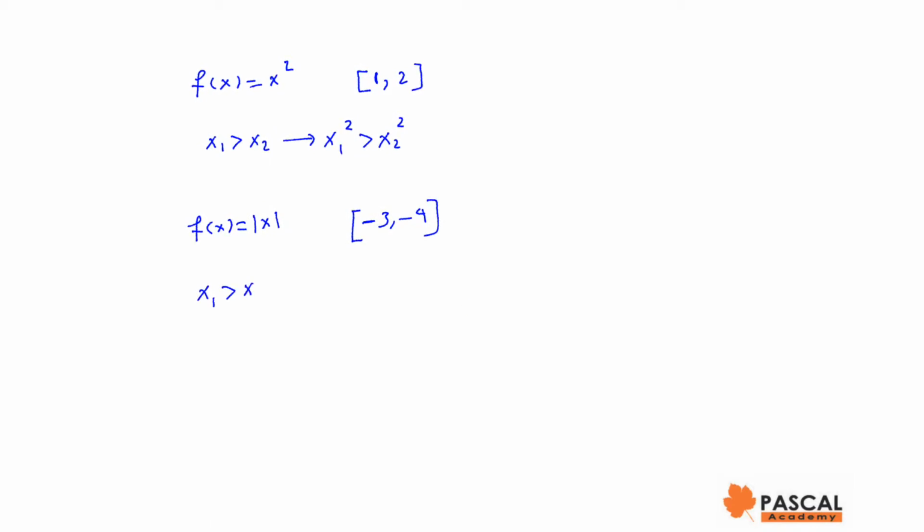If x1 is bigger than x2, since x1 and x2 both are negative, absolute value of x1 is smaller than absolute value of x2.